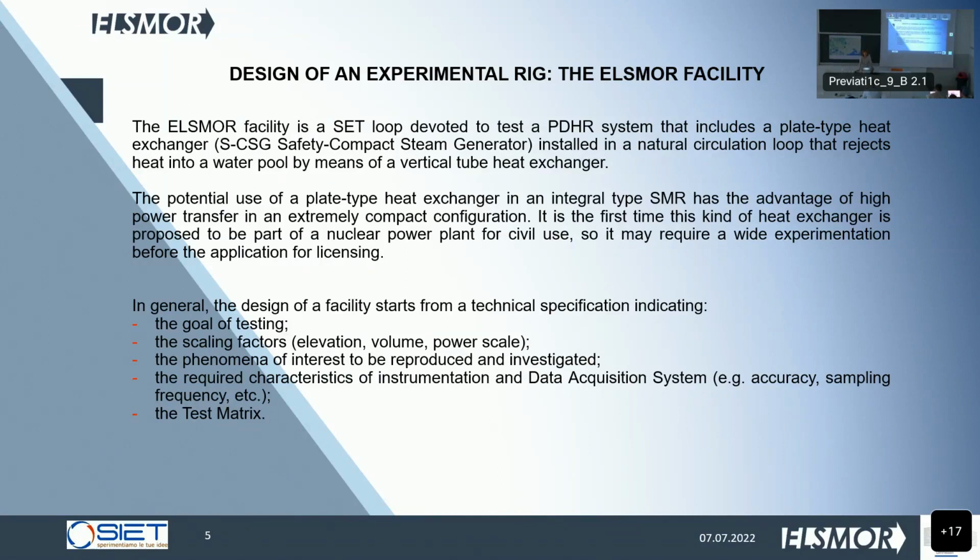For example, we want to measure temperature at this position, at the other position, and so on. And also the characteristics of the data acquisition system. And last but not least, the test matrix. The test matrix is a list of tests that need to be performed in the facility.